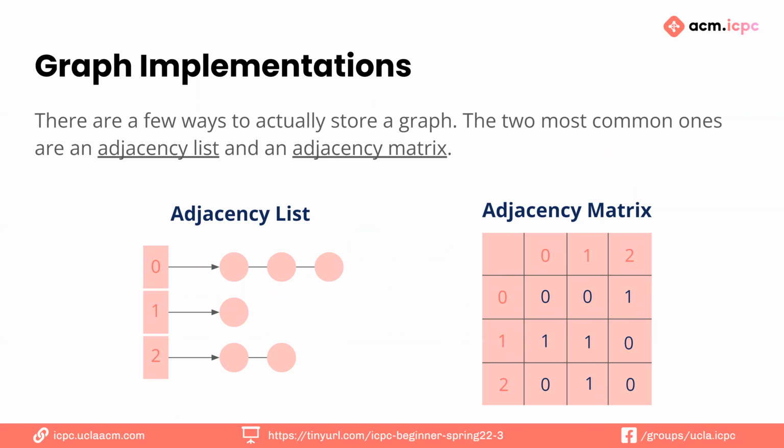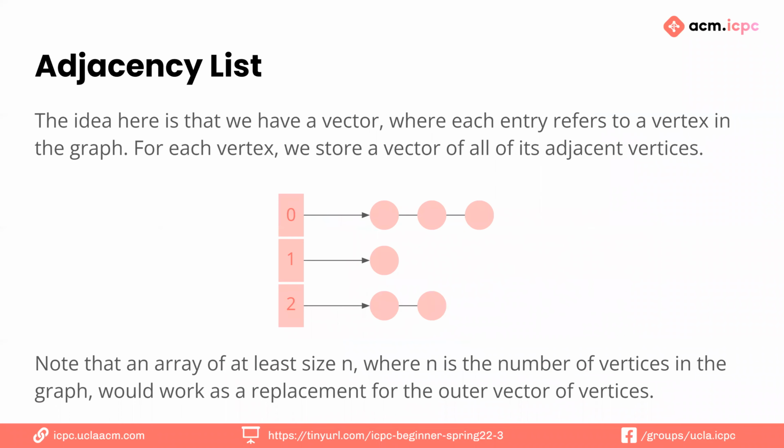There are two main ways to implement graphs in code. One is adjacency list and the other is adjacency matrix. As we talked about, an adjacency list has a list for every single vertex representing the vertices adjacent to that vertex.